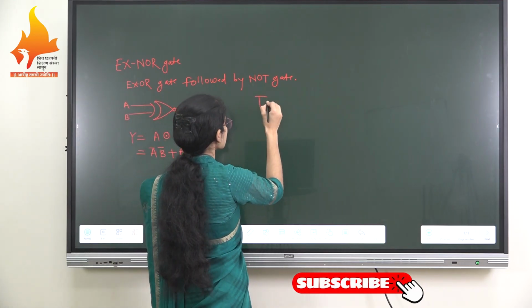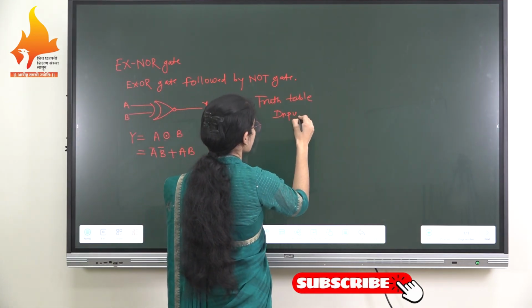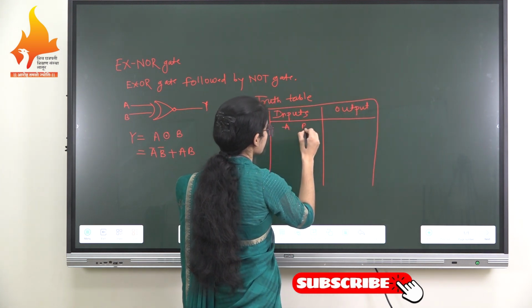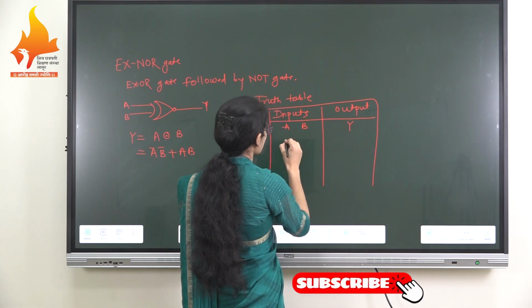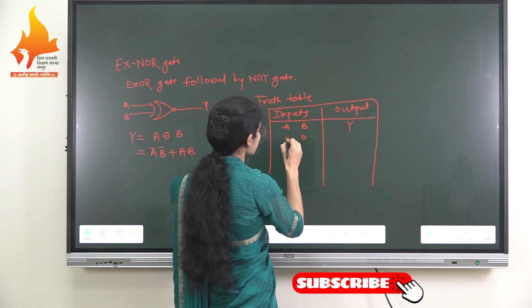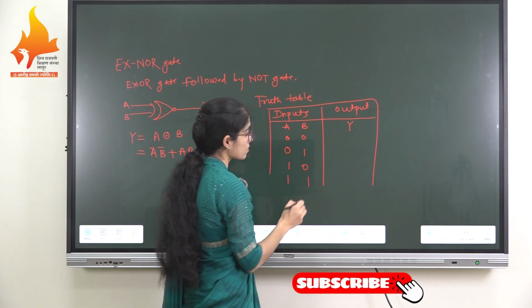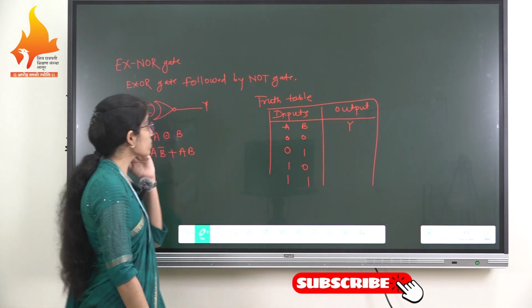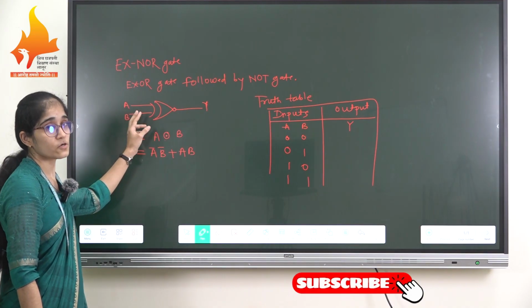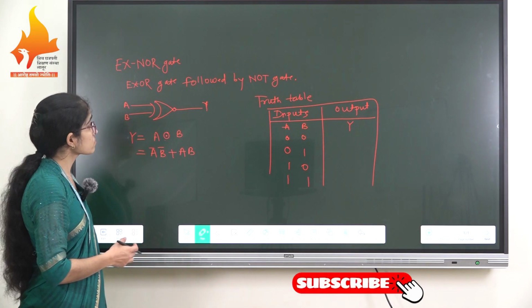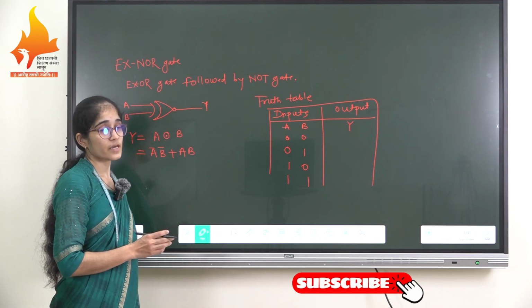And the truth table has an input and output section. Inputs are A and B and output is Y. The combination for A and B is 00, 01, 10 and 11. As we know, the XOR gate produces high output only for odd combinations of inputs, but the XNOR gate is totally opposite of the XOR gate.